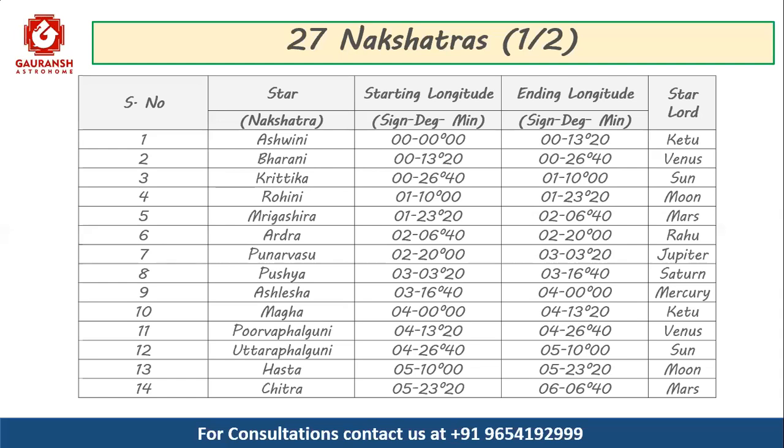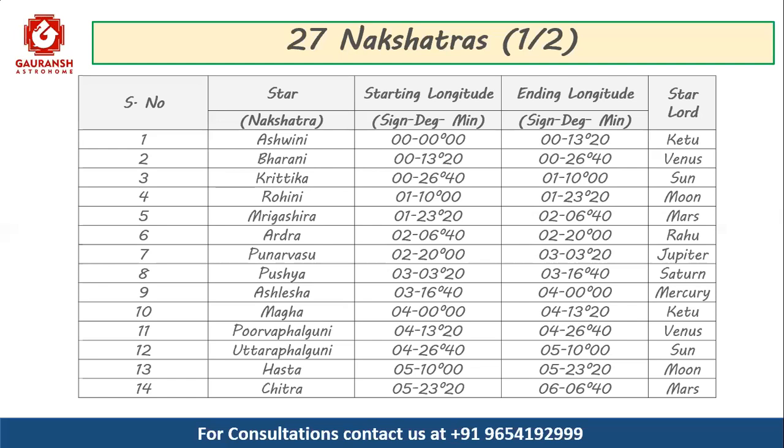Kritika, the star lord is Sun. Rohini, it is Moon. Mrigashira, the star lord is Mars. Ardra, the star lord is Rahu. Punarvasu, the star lord is Jupiter. Pushya, it is Saturn. Ashlesha, the star lord is Mercury.